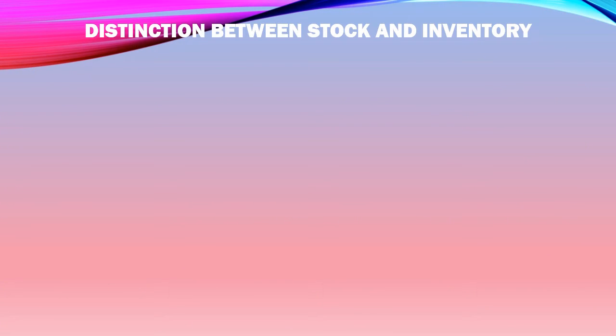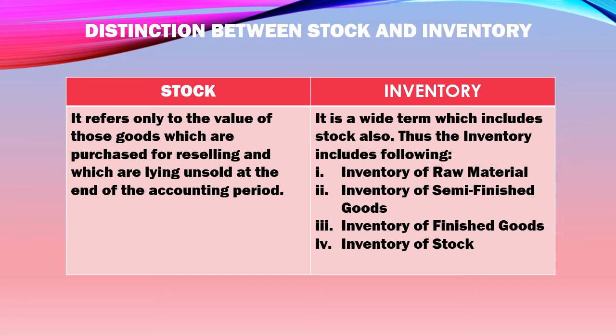Distinction between stock and inventory. Stock refers only to the value of those goods which are purchased for reselling and which are lying unsold at the end of the accounting period. Inventory is a wide term which includes stock also. Thus, inventory includes inventory of raw material, inventory of semi-finished goods, inventory of finished goods, and inventory of stock.